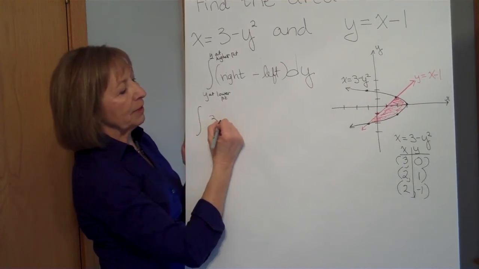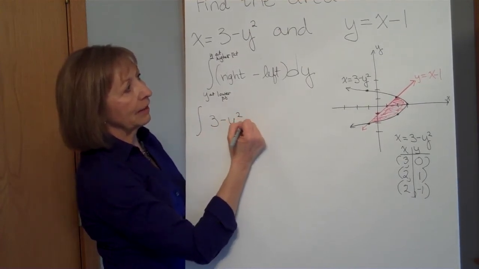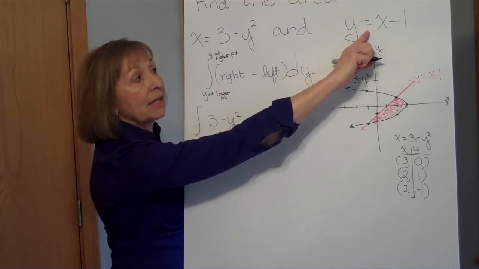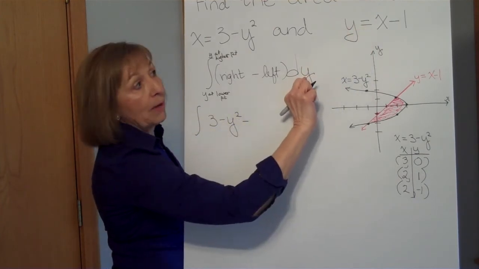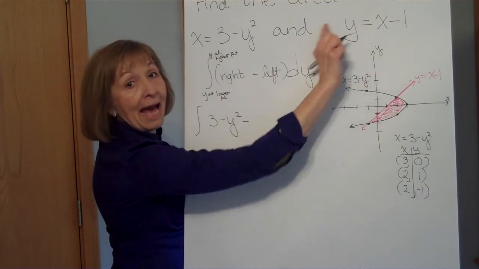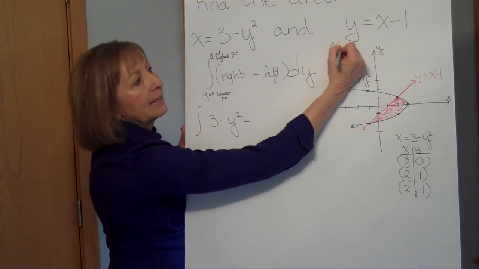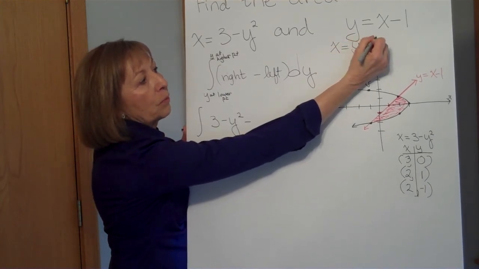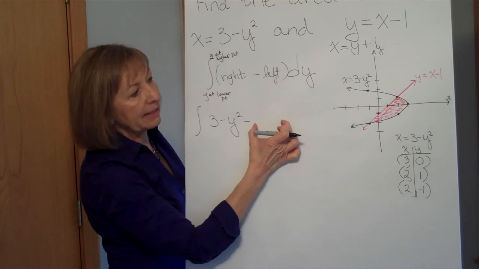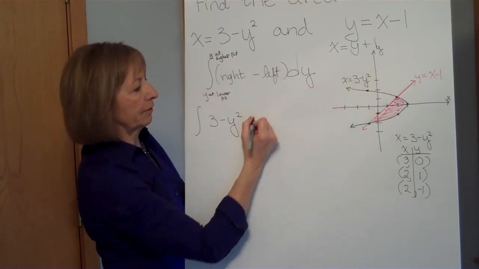So that's my 3 minus y squared minus. Now this equation is not set up yet in terms of the differential dy. I need to solve that for x in terms of y. So we'll add a 1 to both sides. x is equal to y plus 1. And so that is the curve that is on the left of the region.